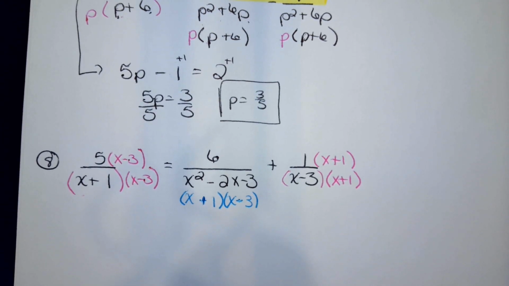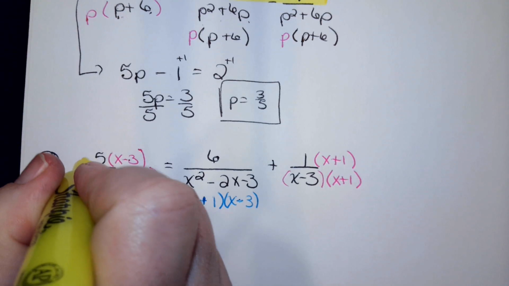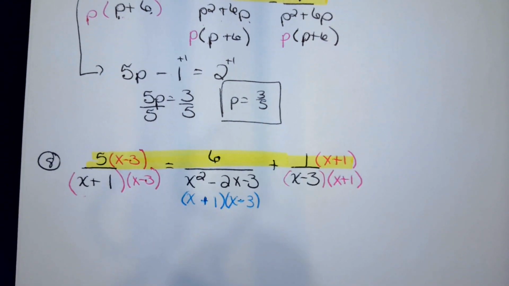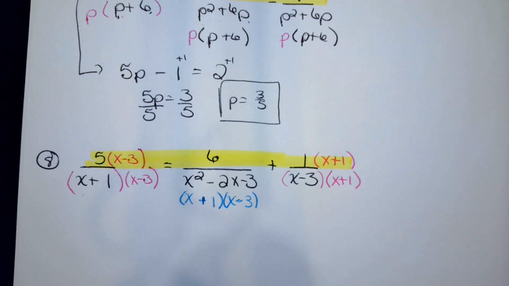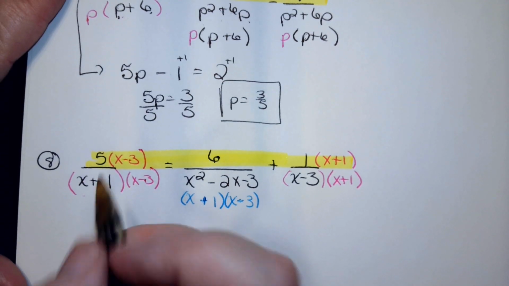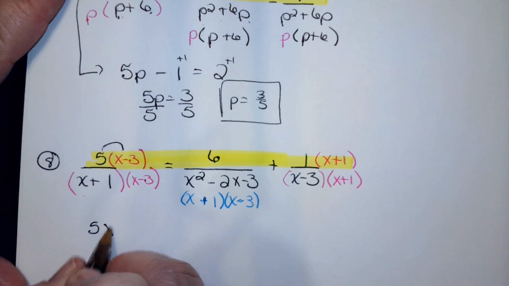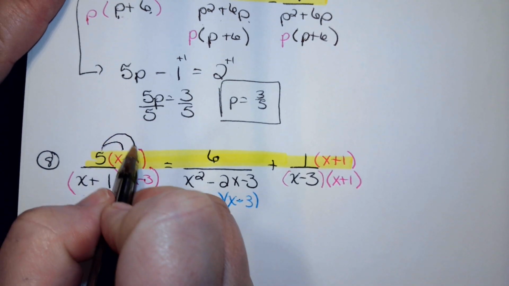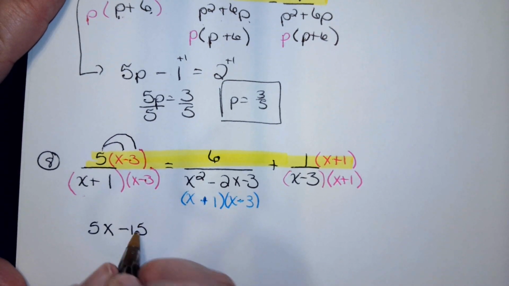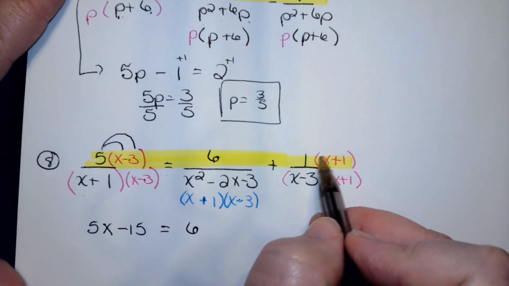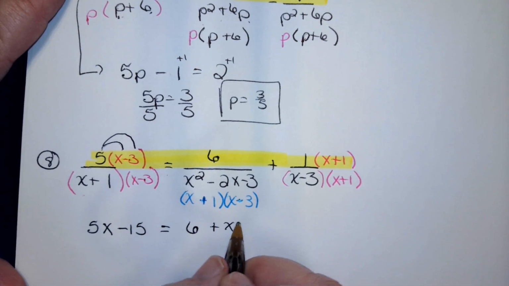Okay. Now that we've got common denominators, we're going to focus only on the numerator. All right, so coming right here, 5 times x is 5x. 5 times negative 3 is negative 15 equals 6. 1 times x plus 1 is simply x plus 1.